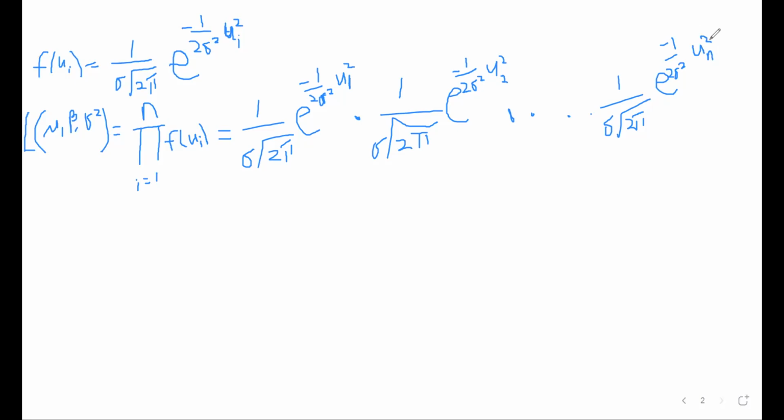Excellent. Now we are going to use indices to simplify this. Look at this number, it's a constant. It's appearing n times. So it just simplifies to 1 over what? Sigma to the power n, the laws of indices.